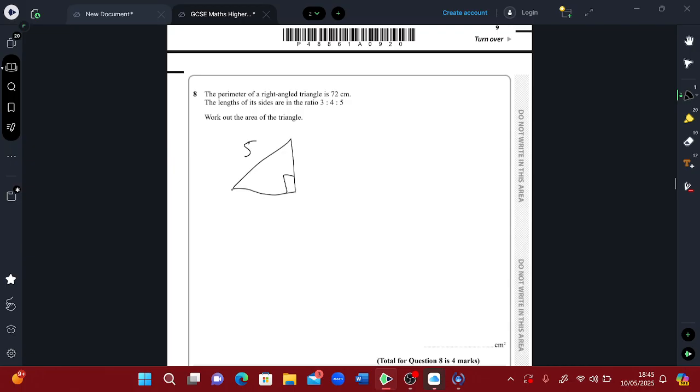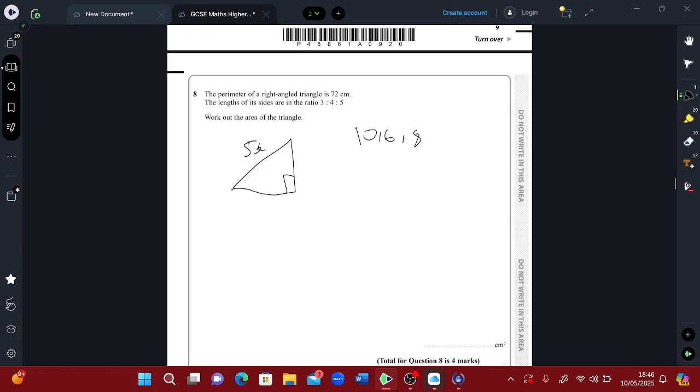You scale it by a multiplier, which we can call x. So this tells us the simplified ratio, but this doesn't necessarily tell us what the exact lengths are. To get the exact length, we're going to need to times by some number to get it to the actual length.